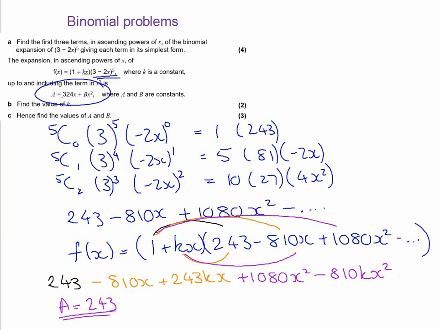So we know minus 810, that's the coefficient of this x, plus 243k, that's the coefficient of this x, is equal to minus 324, the coefficient of x. So just by comparing the coefficients, I can write that formula.